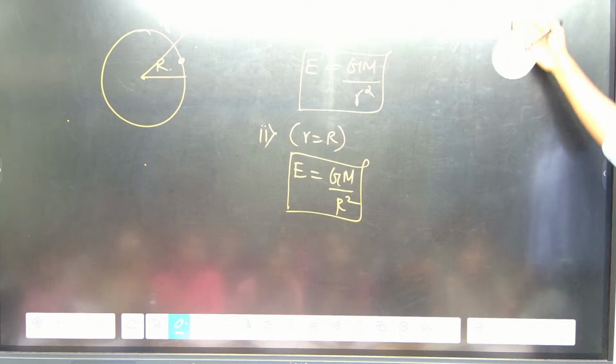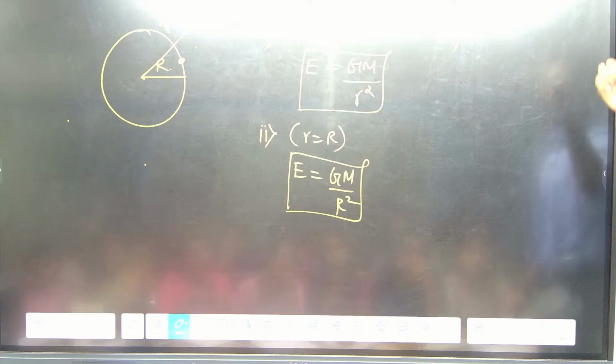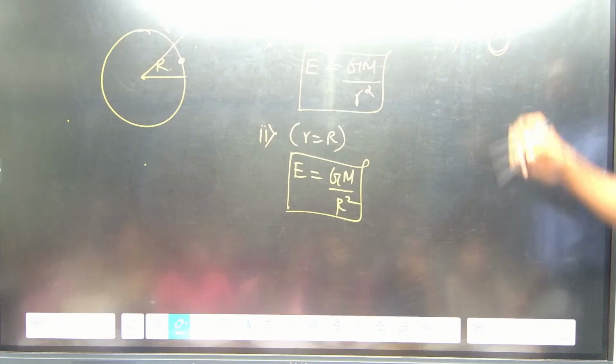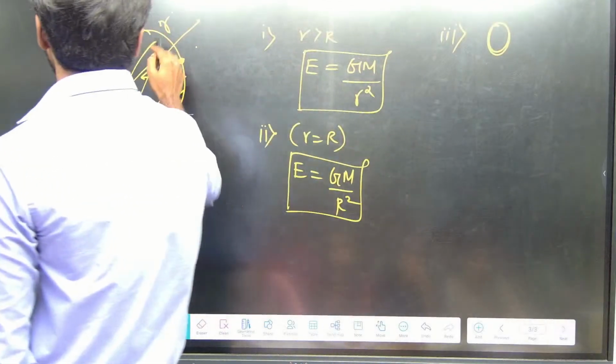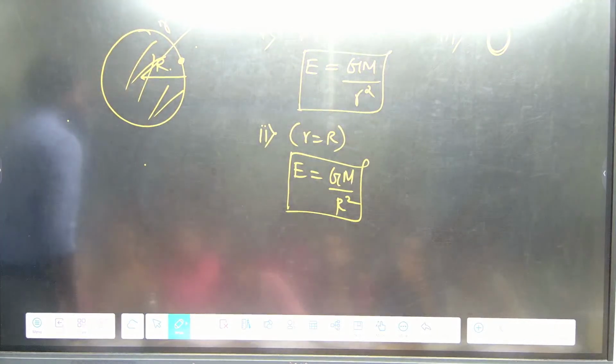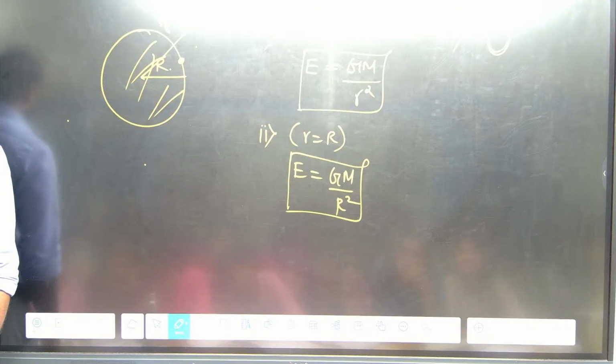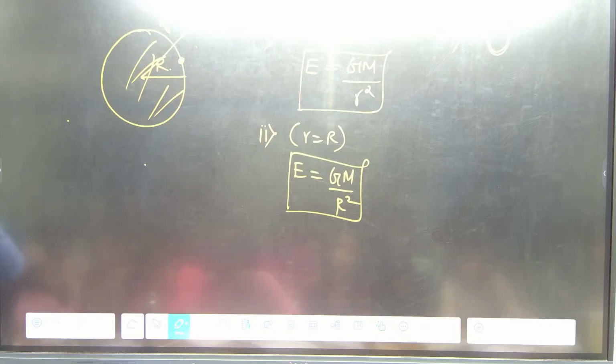Here it will be total 0, that's it. Inside the shell nothing is there. E is equal to 0. Okay.